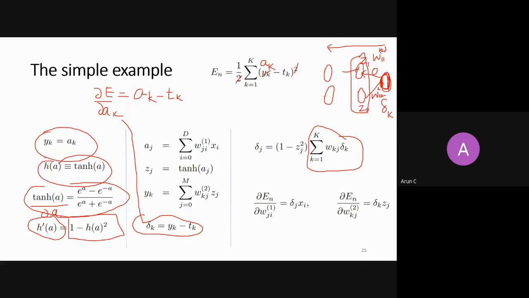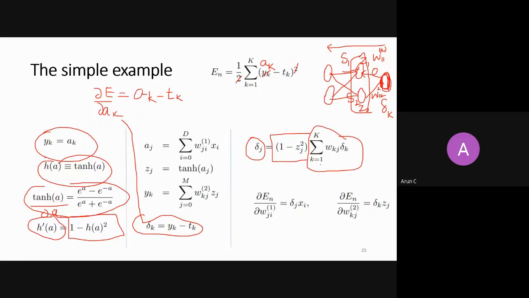For the respective node, you use your derivative of Z1 and Z2, and you calculate delta 1 and delta 2 for this layer. Again, the same funda: you multiply this delta with the weights and sum them up.